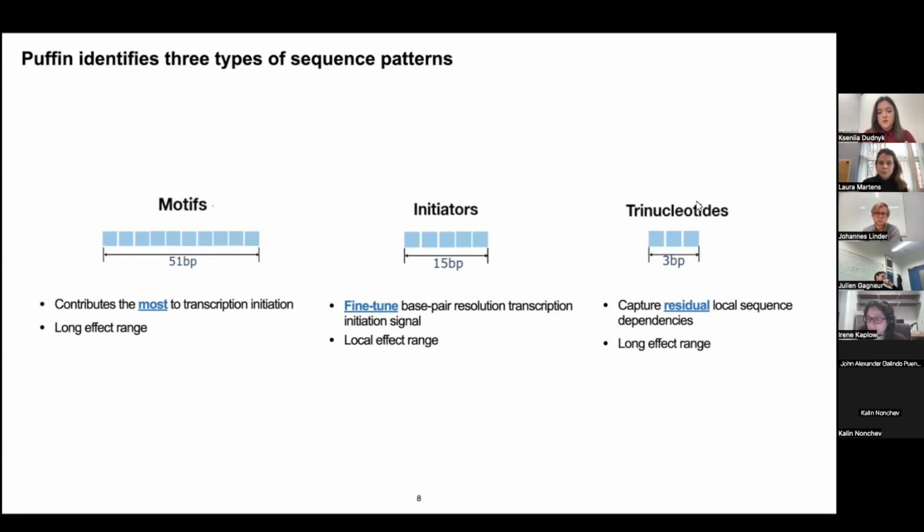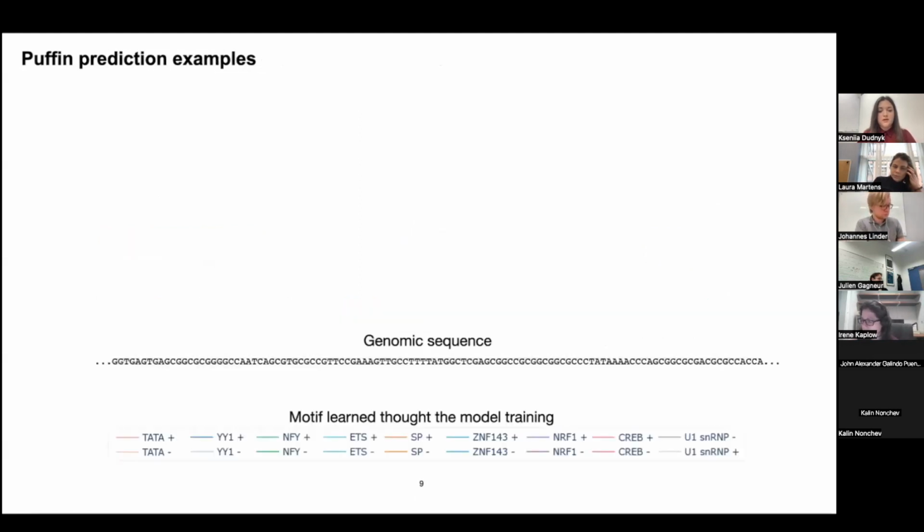Those are just very short 3 base pair long sequences. We use them to represent the residual dependencies that we could not represent with motifs and initiators. And it's very convenient that Puffin can describe the promoter activity in most human promoters using only these 3 groups of sequence patterns. And now when I have talked about the Puffin design, I finally can show how Puffin works.